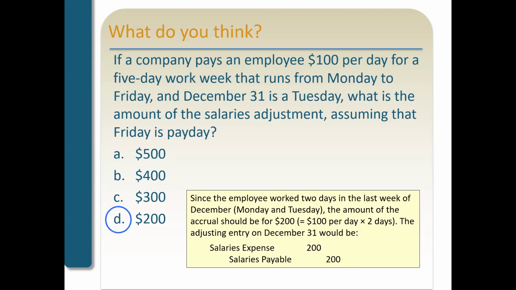It's not by week, it's by month or year. And since December 31st ends on a Tuesday, we need to create an adjusting journal entry to show the salary expense that was incurred in December, even though it won't get paid until January.